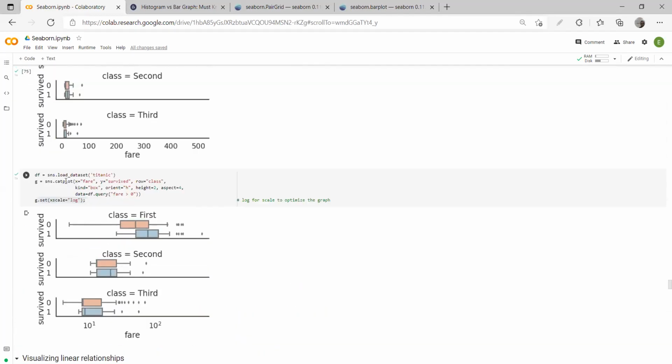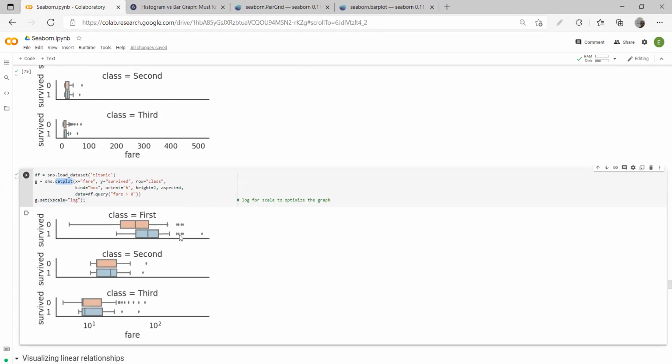You don't need a cat plot, you can just make three box plots as well, for first class, second class, and third class. But with a cat plot, you can combine everything with fewer lines of code. So it's not a need to know and you can live without it. It's always good to know cat plot, but it's not a need to know.